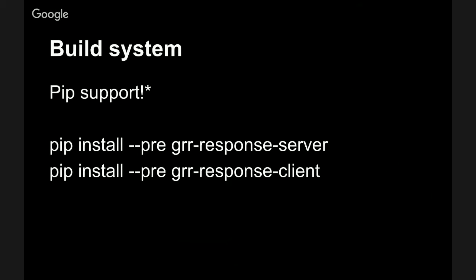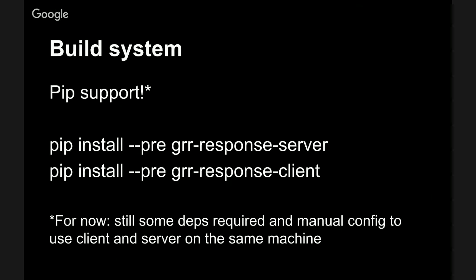There are quite a lot of dependencies that were mostly automated for you, but we've moved to a much more Pythonic way of doing this, so that there's now a pip package, and you can just install like this. For the moment, there are still a few dependencies that you need, and if you're going to run both of those on the same machine, then you'll have to do some manual work with your config to make them talk to each other. But this does actually work right now.